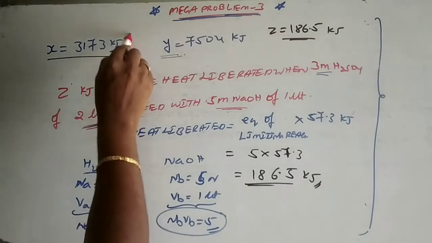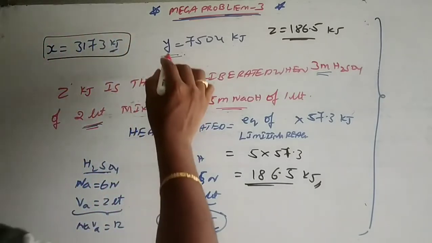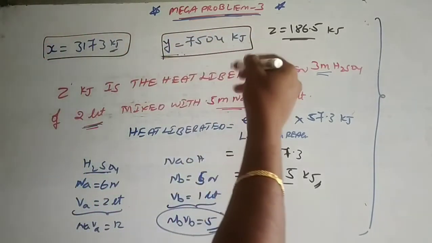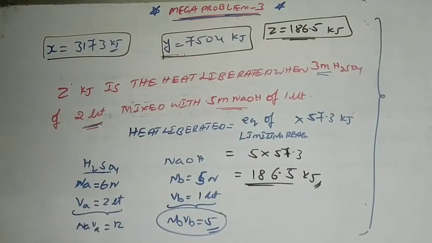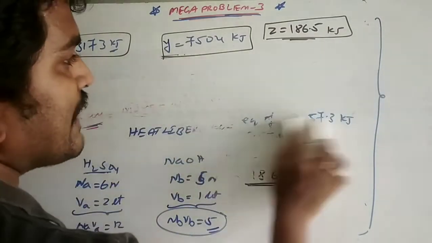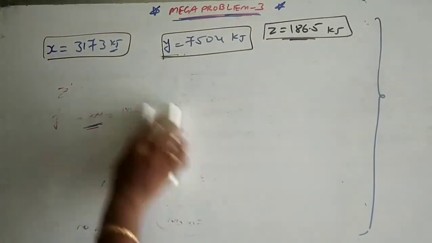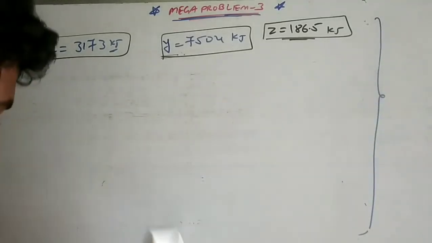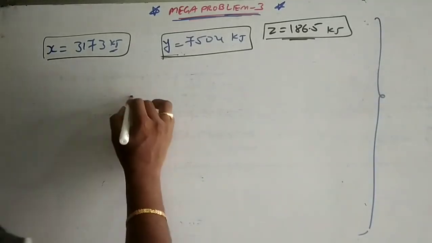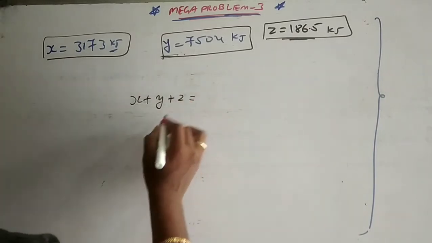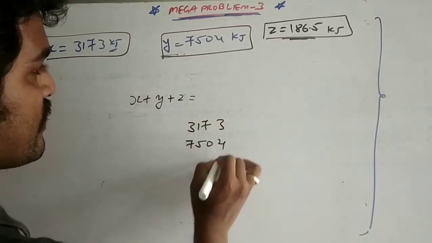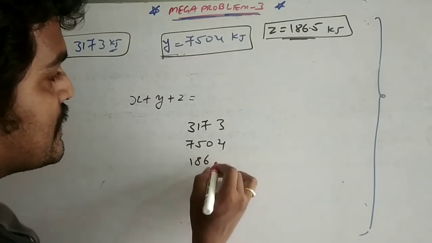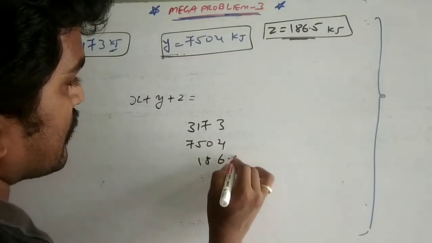This is the work done from a Carnot engine. This is the heat required to raise the temperature of ice. This is the heat liberated by mixing of acid and base. Now they are asking X plus Y plus Z. So X plus Y plus Z equals 3173, 7504, 286.5.